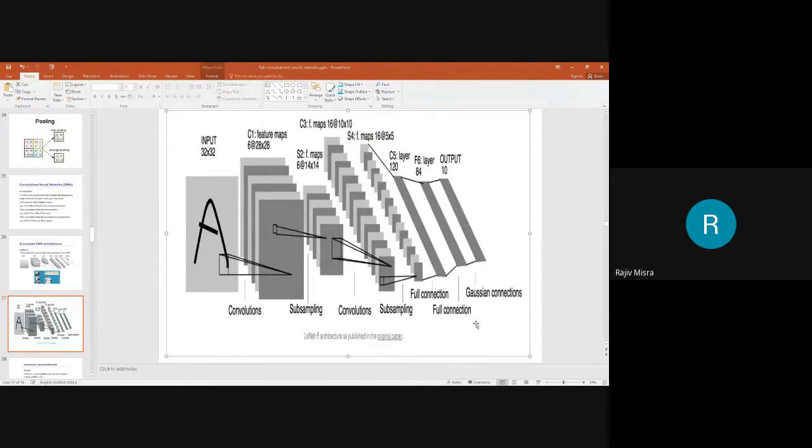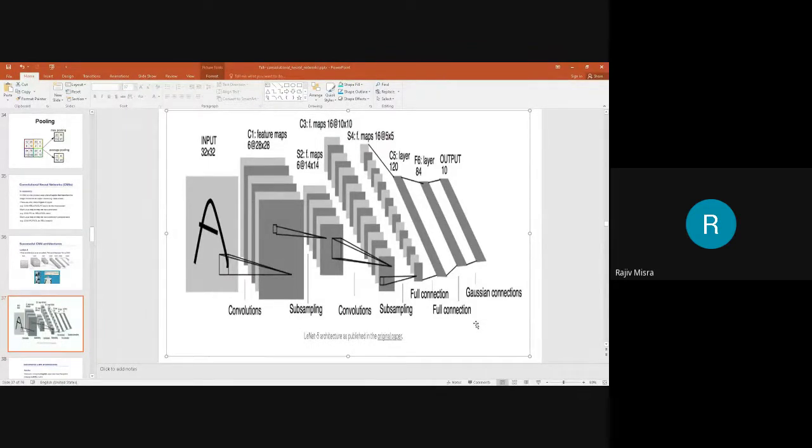Here you can see that the input is 32 by 32. It is a black and white image, not a colored image. So the image is 32 by 32 input size, and then it will perform this convolution operation.